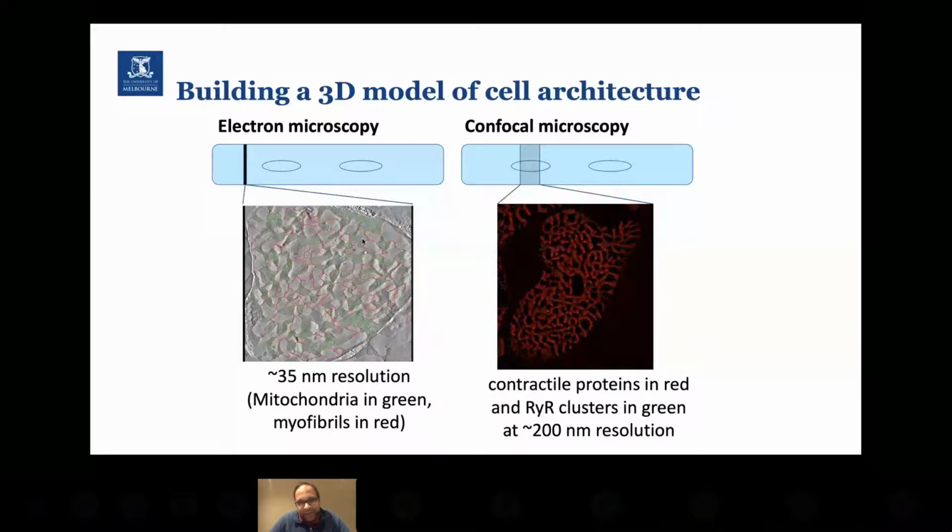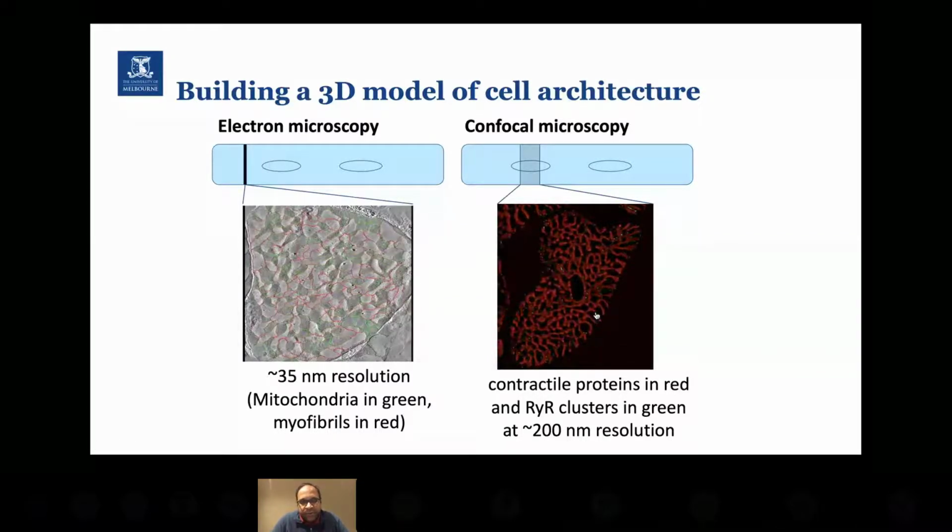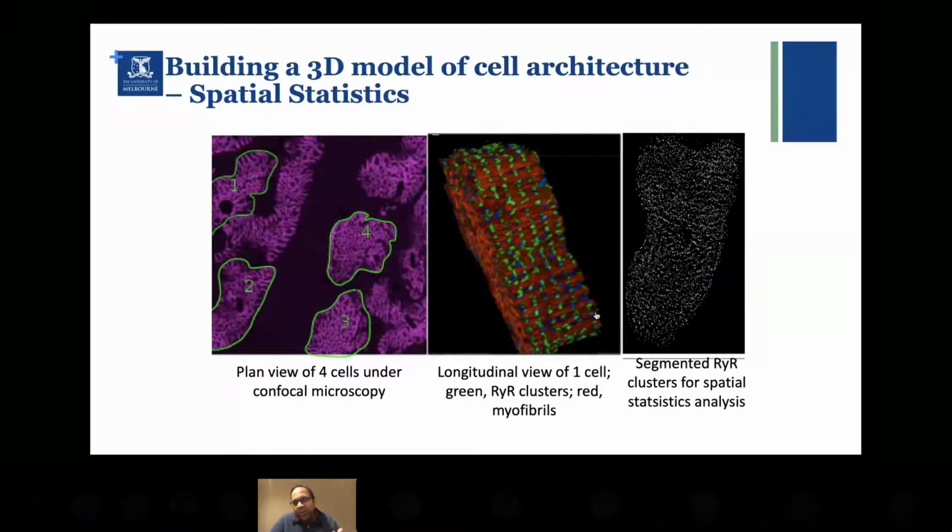We've also developed methods where we integrated electron tomography images of cardiomyocytes with confocal images of ion channel distributions like ryanodine receptors. What we did was basically fuse information from two different image stacks. This is work from a while back now, before we got into deep learning.